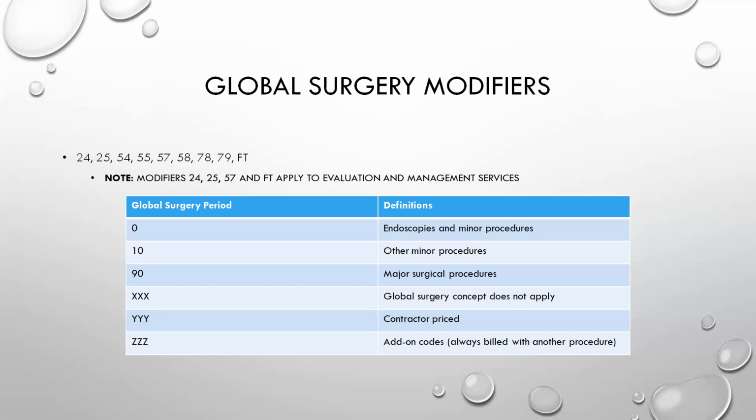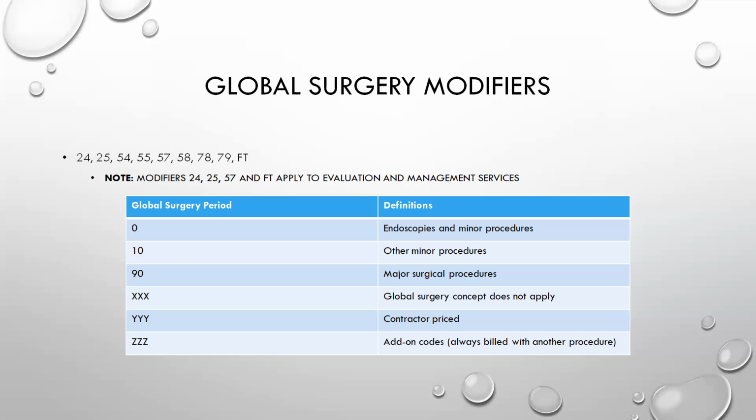Therefore, it isn't necessary to have a global period. Your 10-day global period is going to be other minor procedures. These can also be done in the office. Some of these are also done in the hospital. It just depends on the type of procedure it is.